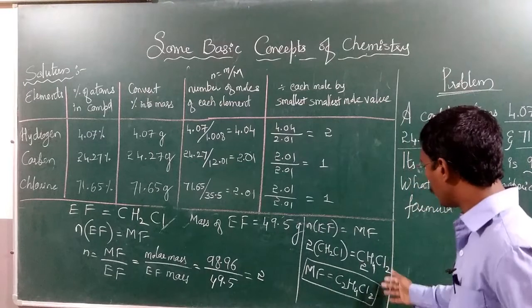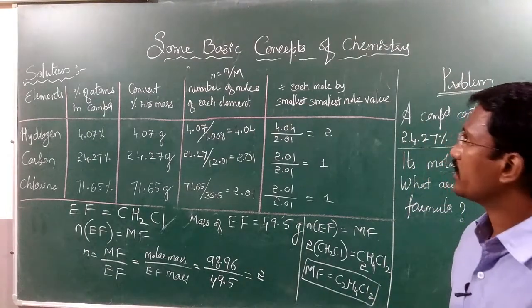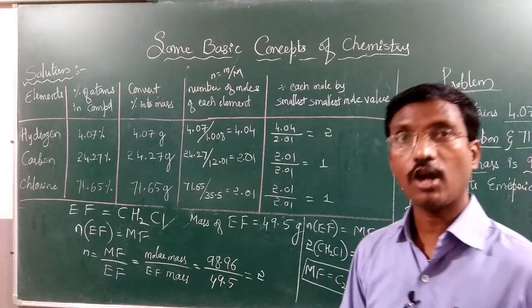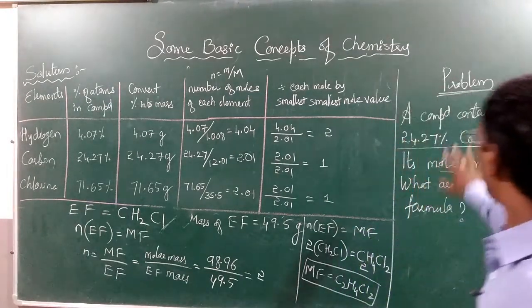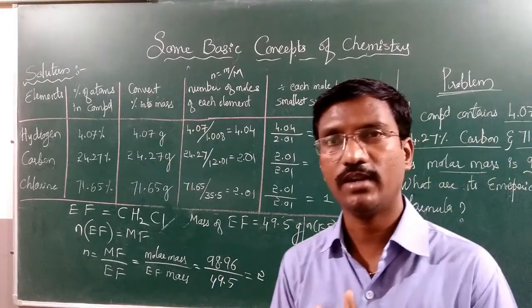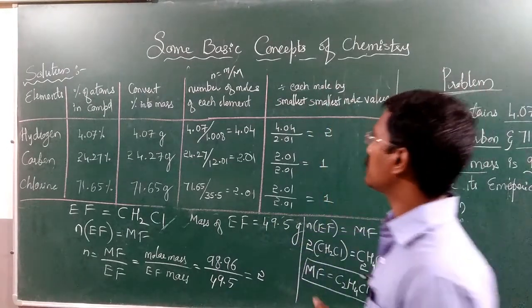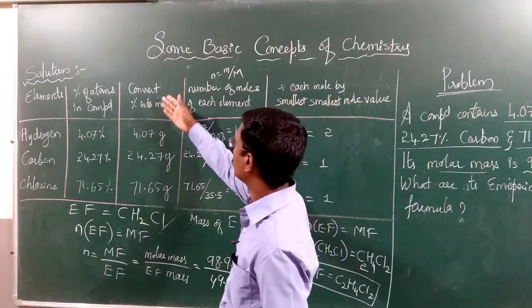I hope you are able to understand this. This is the important simple method. But what you have to concentrate on is the problem they have given. Definitely they will give it in percentage. Sometimes they will give you the grams directly. If they have given grams, you just remove this column from the table.